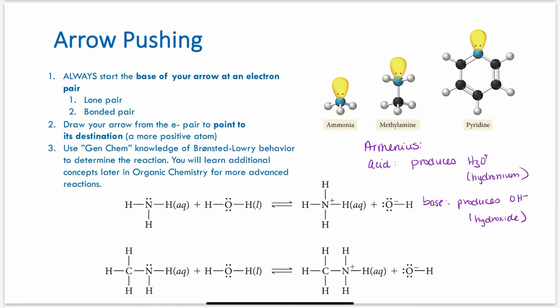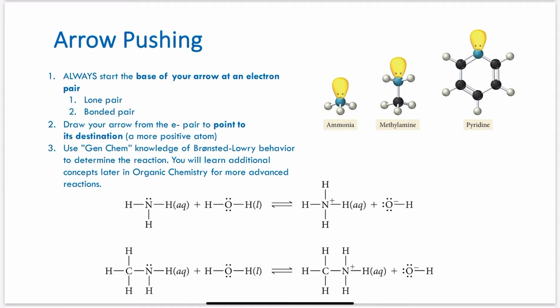And so we need to think about other systems and other definitions, which is where Bronsted-Lowry and Lewis acid-base definitions come into play. So we've spent some time in this chapter talking about Bronsted-Lowry. So let's remember our Bronsted-Lowry. A Bronsted-Lowry acid is called a proton donor.